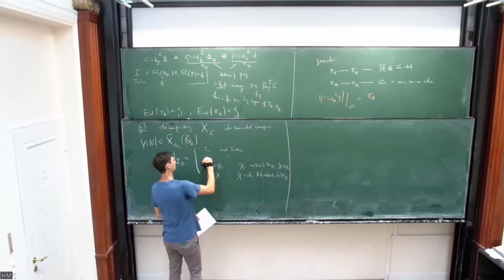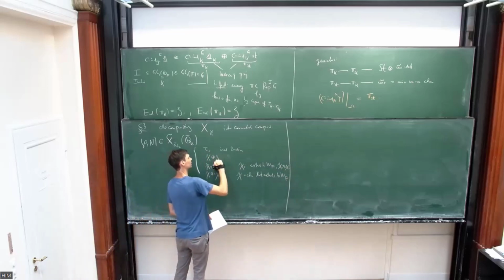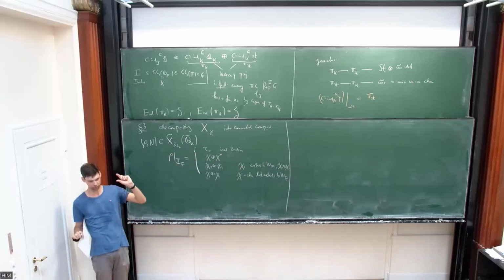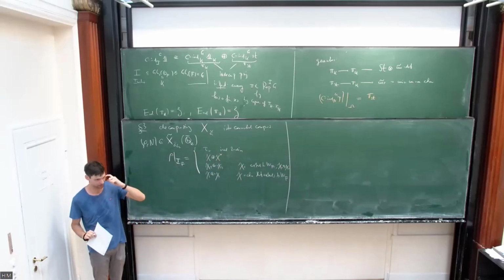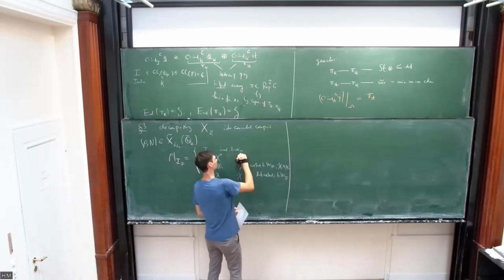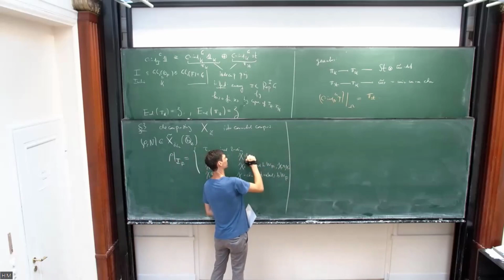Or you could be in the case that you have two characters that extend only to an index 2 subgroup in WF, and the other one is then a twist of that. Okay, so chi does not extend.